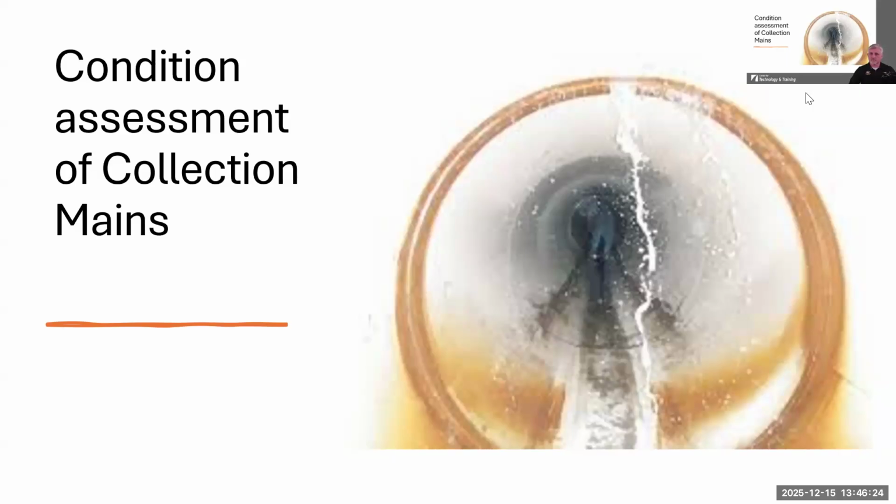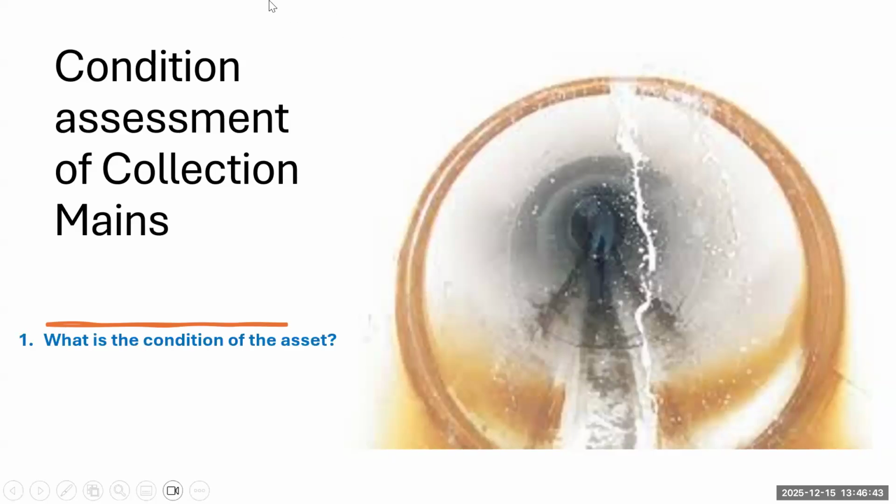All right, we're going to move right in here as we get ready to move to the close today. The last portion we're going to talk about today is condition assessment strategies for collection mains. When we do condition assessment, obviously we're trying to figure out what the condition of the asset is. But what does that mean?